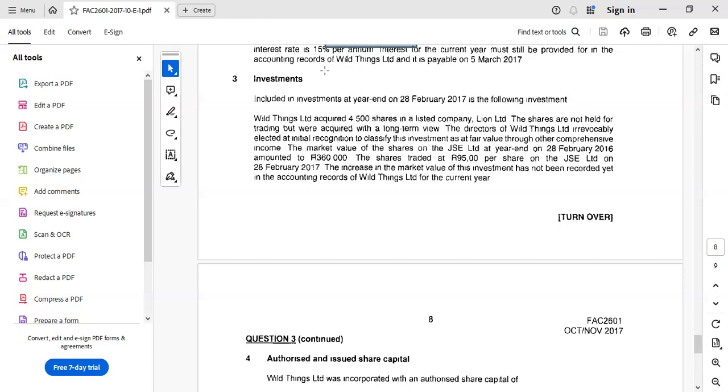The increase in the market value of these investments has not been recorded yet in the accounting records of Wild Things for the current year. So there's mark to market here, to record the increase in the value of shares. Say additional information 3.